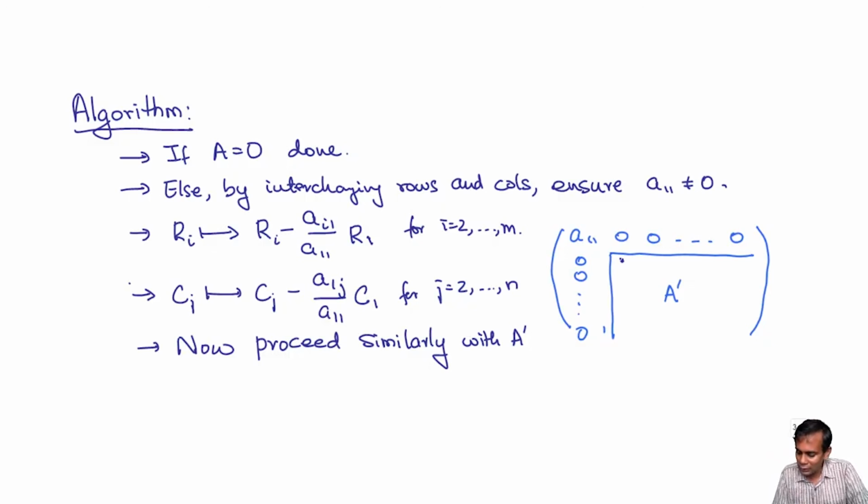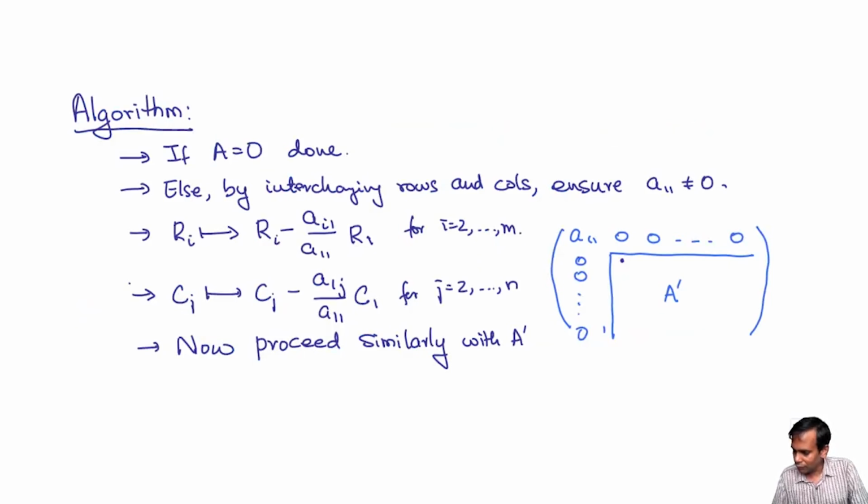And when you do these operations on A prime, because the corresponding elements in the first column and first row of A are 0, they will not really disturb the first row and first column of the bigger matrix A. So any row or column operation involving rows 2 to m or columns 2 to n will not affect the first row or the first column. And eventually you'll be able to reduce your matrix to this canonical form.